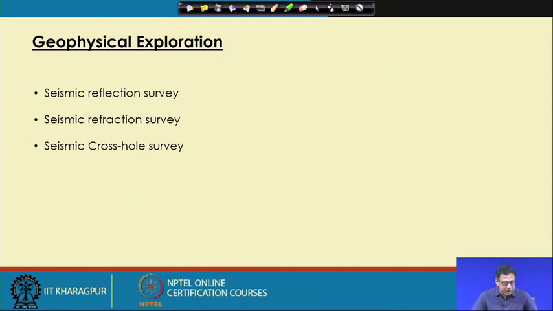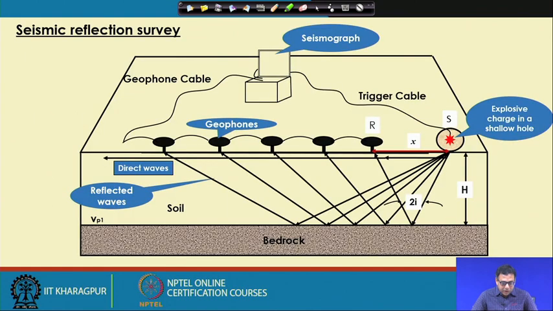But I will discuss these three seismic geophysical explorations. Now, the question is why it is called seismic. First I am talking about the seismic reflection survey. The procedure is that there is a source where we are generating some wave, and we are placing some receivers, which are called geophones, at different intervals, and the wave generated from this source will be received by these receivers.